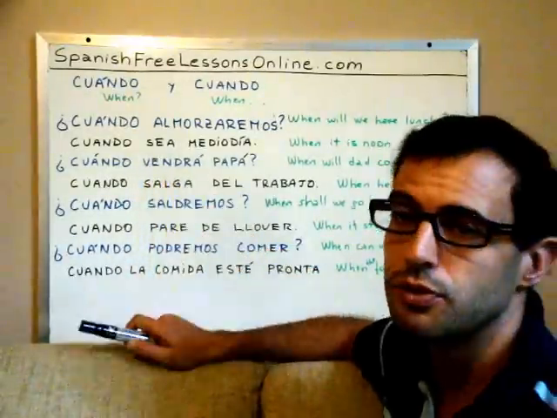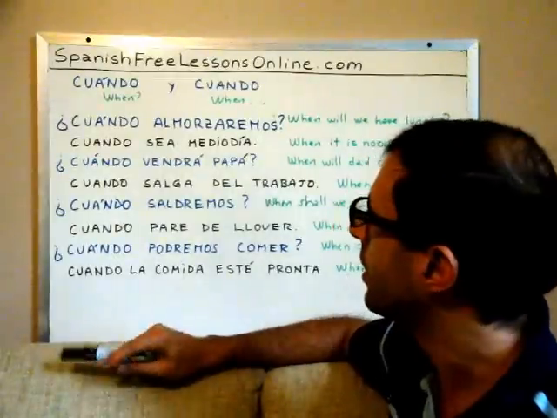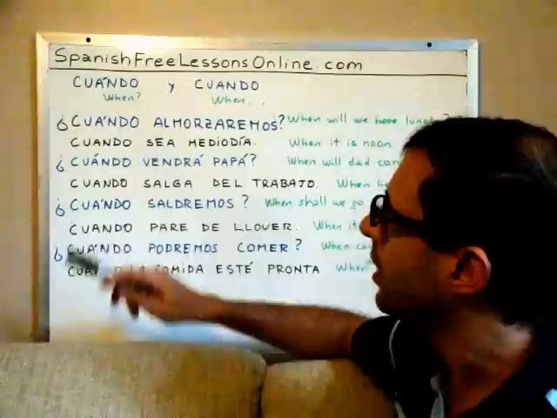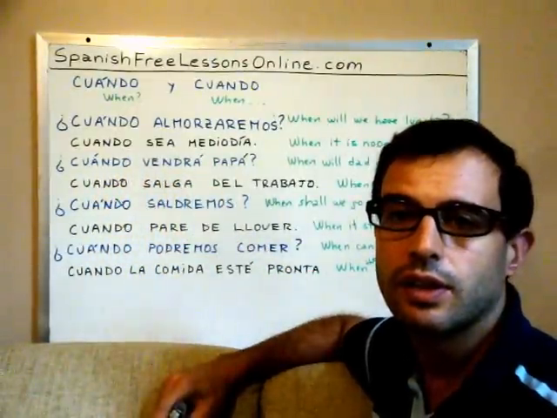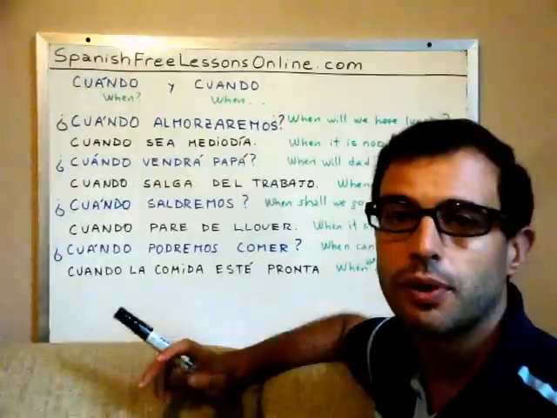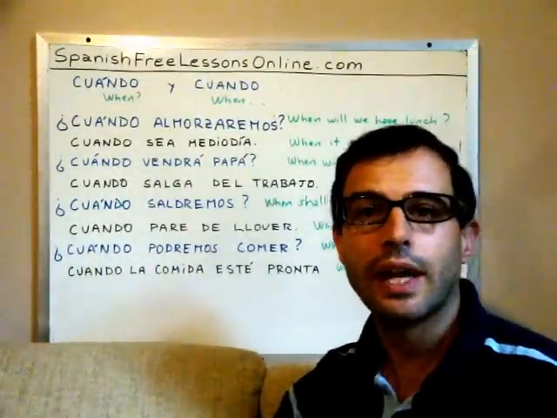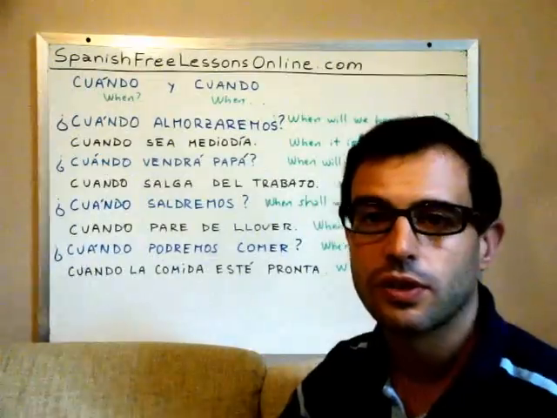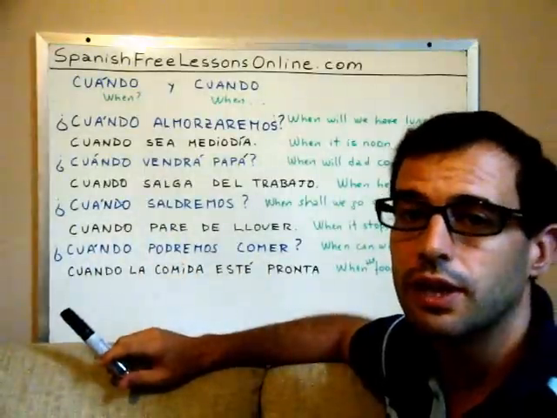This is the future tense of the verb venir, to come. You can also say ¿Cuándo viene papá? Okay? You can say it in present tense. You can say when will dad come or when is dad coming? Yes? In Spanish it's the same. You can say ¿Cuándo vendrá papá? Or ¿Cuándo viene papá?